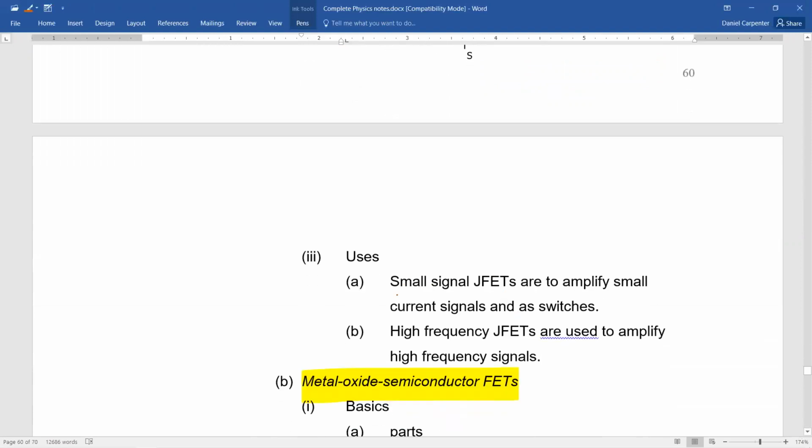These are used to amplify small currents and switches again, as were the bipolar, but they are more efficient. They can also be used at high frequency. JFETs can be used to amplify high frequency signals like radio waves and so on.